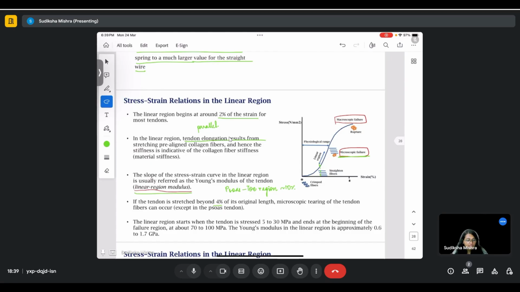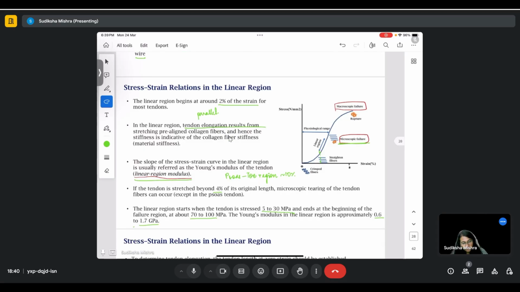If you were to compare the values of different stresses that these regions can fall under, the linear region starts at around 30 to 50 megapascals, and the failure region starts at 70 to 100 megapascals, and the Young's modulus in the linear region is approximately 0.6 to 1.7 gigapascals.